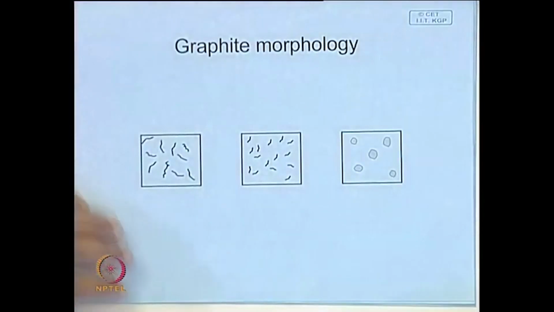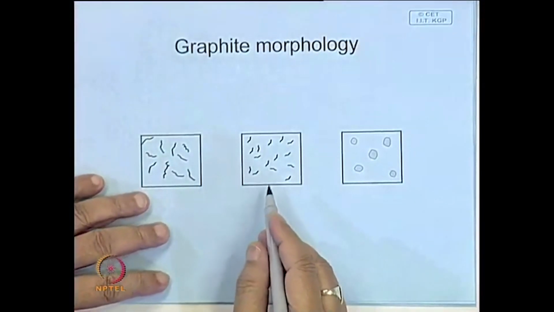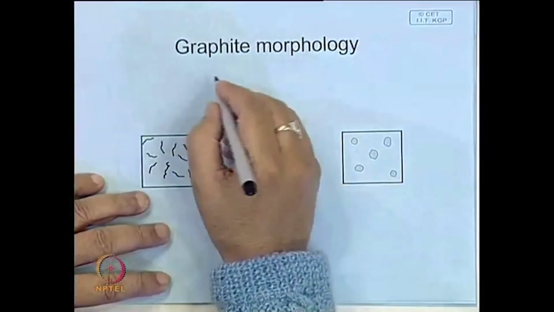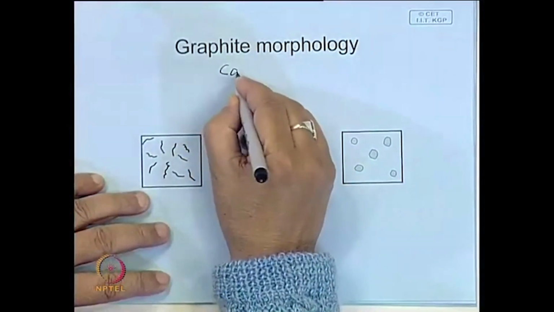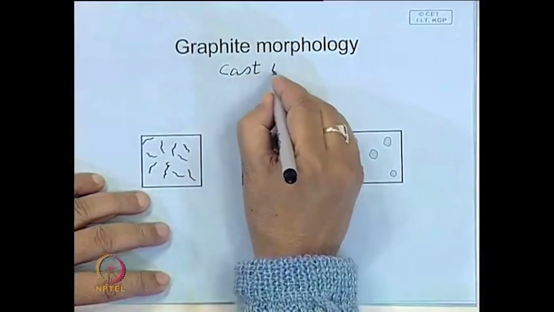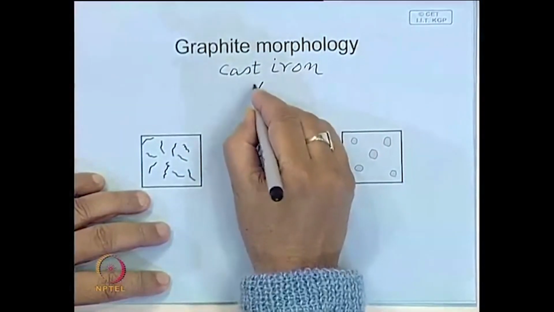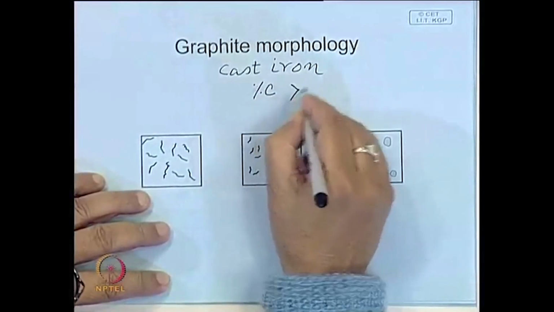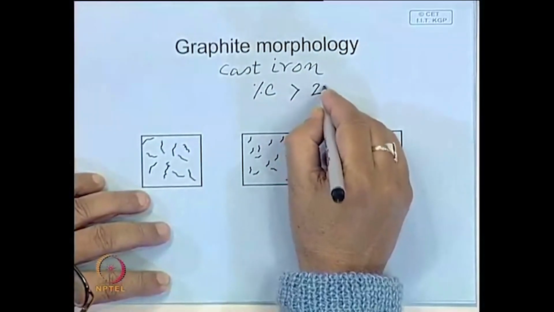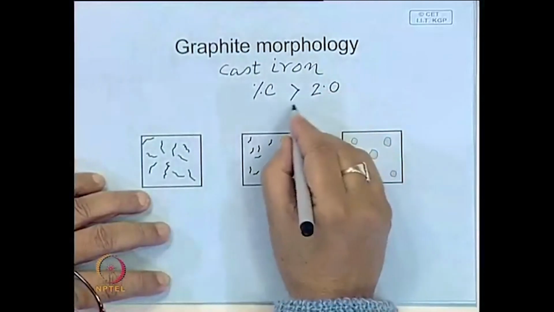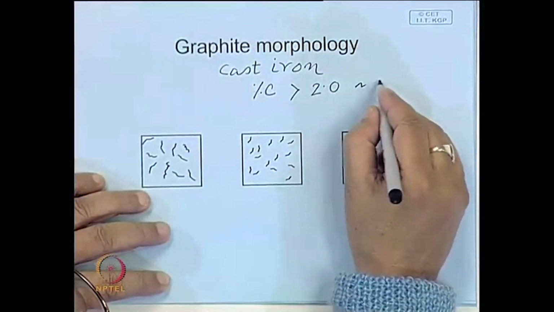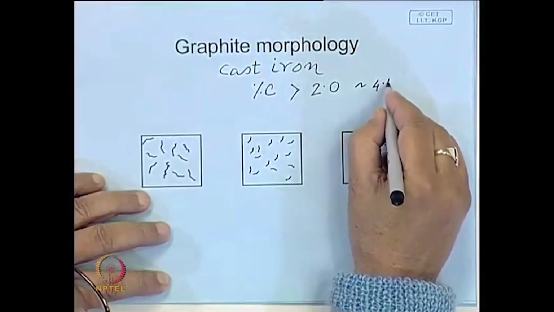There are certain high carbon alloys which are known as cast iron. Cast iron has a carbon content much greater than 2 percent, and particularly around 4, 4.5 or beyond.